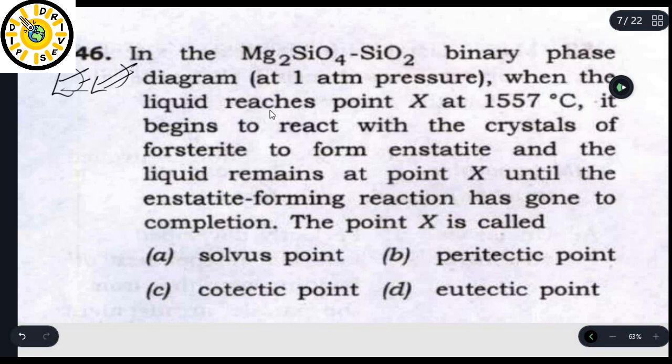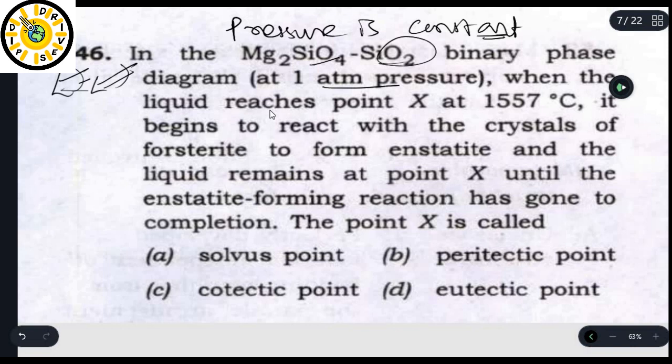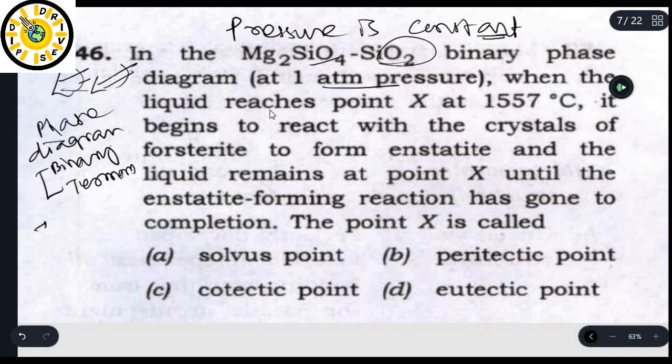So in the Mg2SiO4 and silica binary phase diagram at 1 atmospheric pressure, that means pressure is constant. In all phase diagrams, be it binary or ternary, assume the pressure is constant, that means an isobaric system.